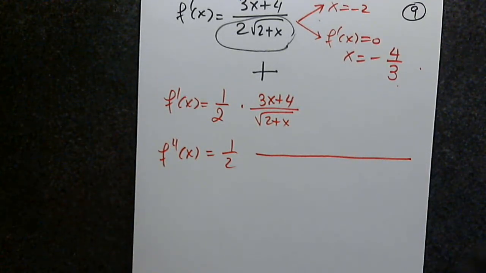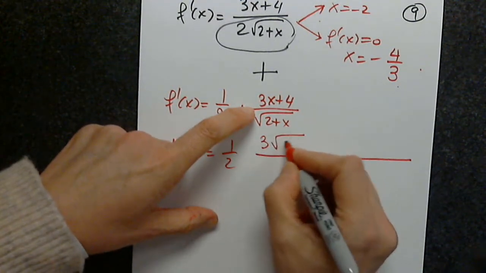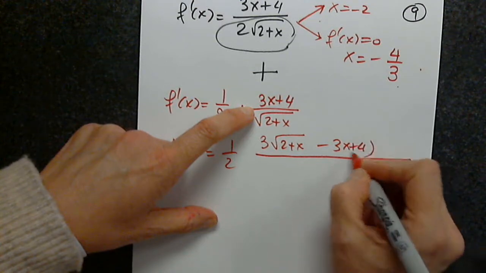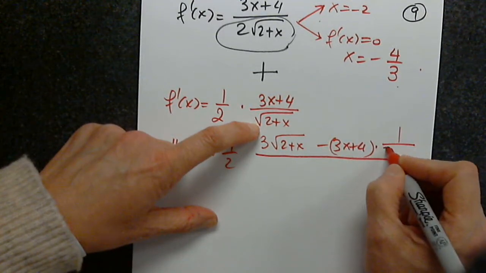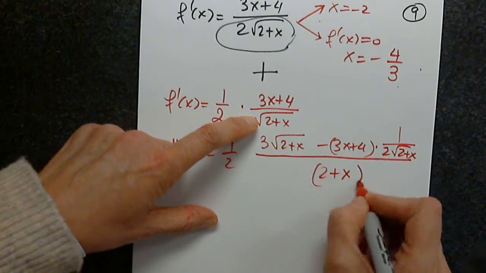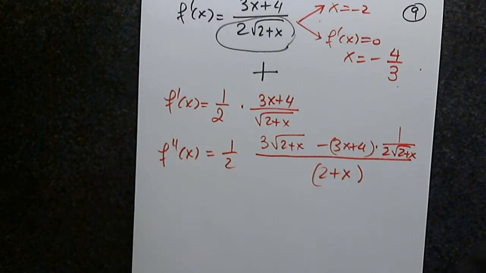The top function prime is 3 times the denominator minus the top times the denominator prime over the denominator squared. It's an ugly function as for the second derivative. It really is.